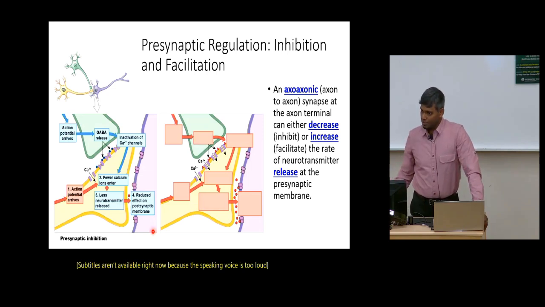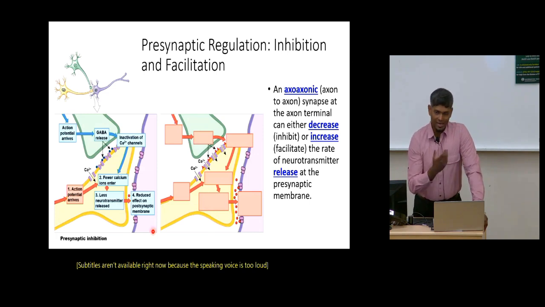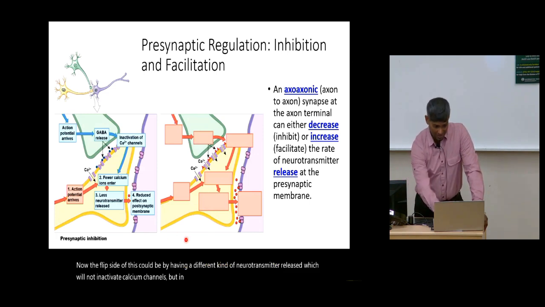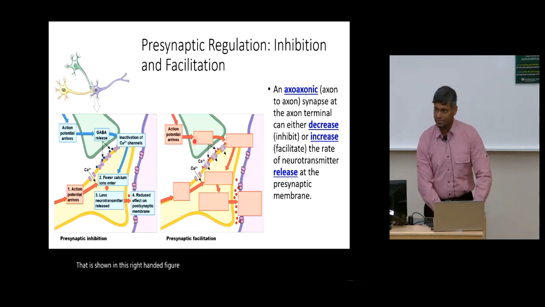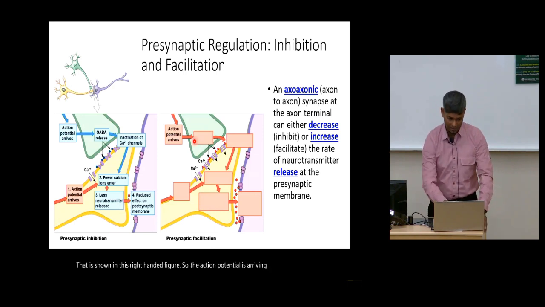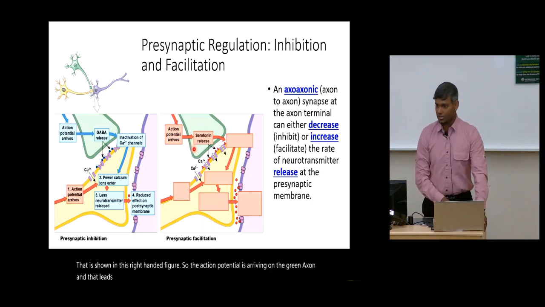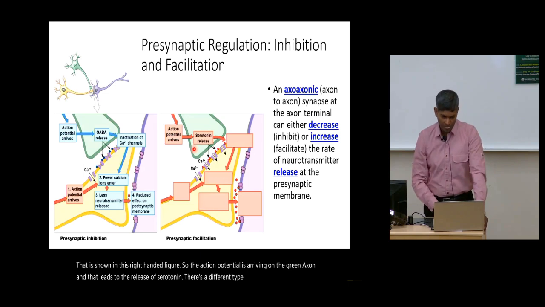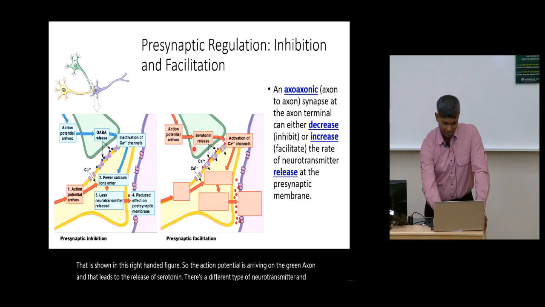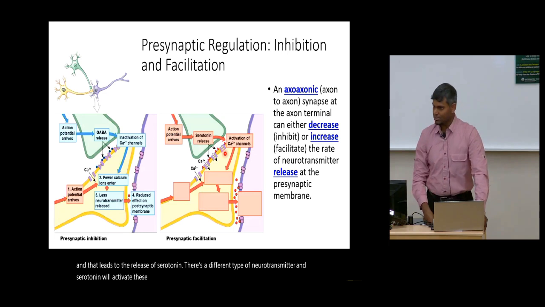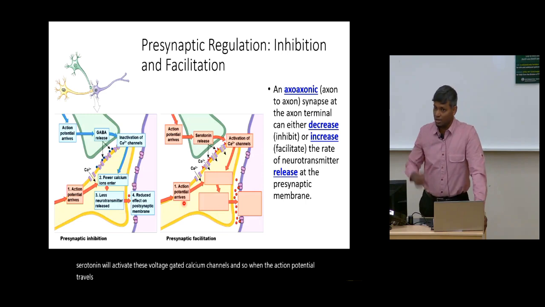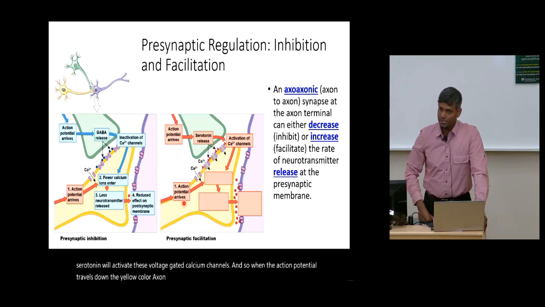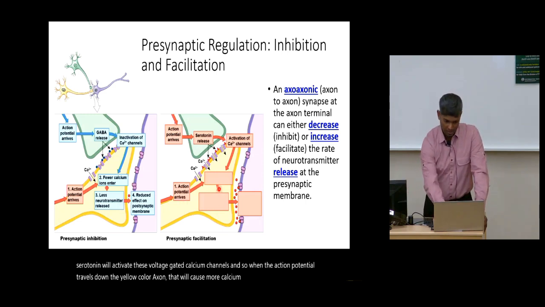Now the flip side of this could be a different kind of neurotransmitter released, which will not inactivate calcium channels but in turn activate them, and that is shown in this right-handed figure. The action potential arrives down the green axon, and that leads to the release of serotonin. This is a different type of neurotransmitter, and serotonin will activate these voltage gated calcium channels. So when the action potential travels down the yellow axon, more calcium enters the cell.